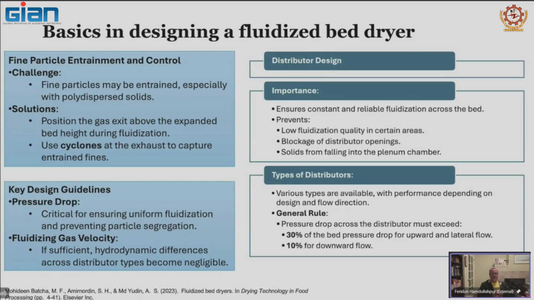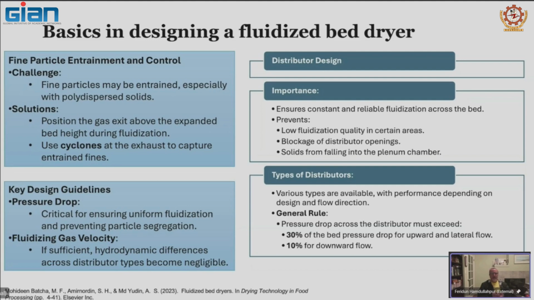So, as I said, if you have fine particles, they will definitely escape. If you're doing this in a plant, you don't want a plant filled with dust and everything. You want it to be in a clean environment.